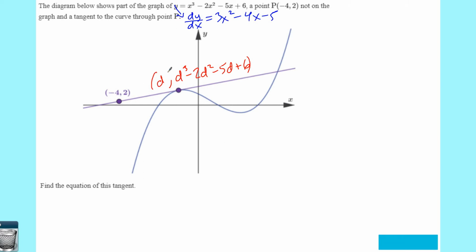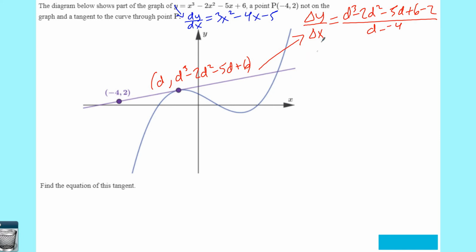Well, I could also find my slope by using my two points. What I mean by that is, what's the change of y over the change in x? So subtract your y's and subtract your x's. Take this y minus this y. So d cubed minus 2d squared minus 5d plus 6 minus 2, all over d minus negative 4.